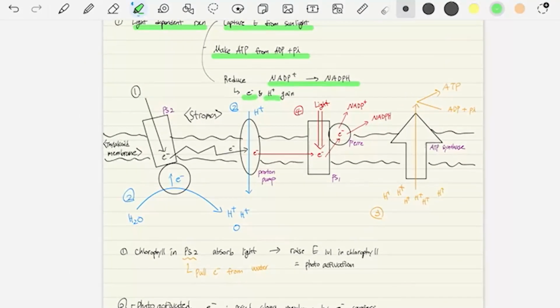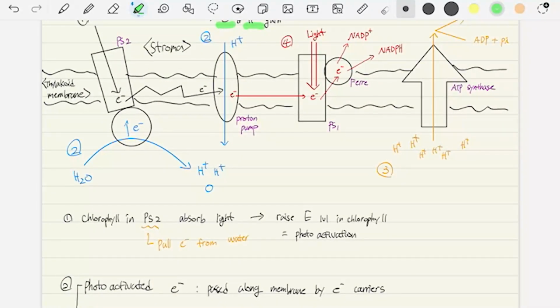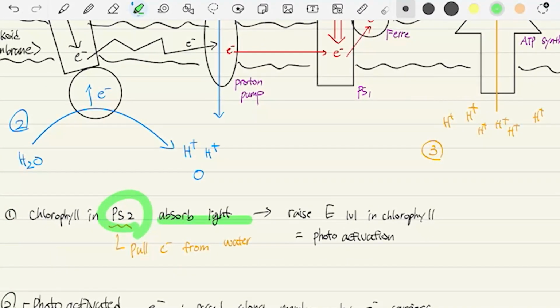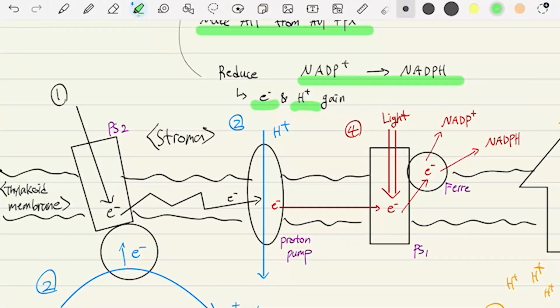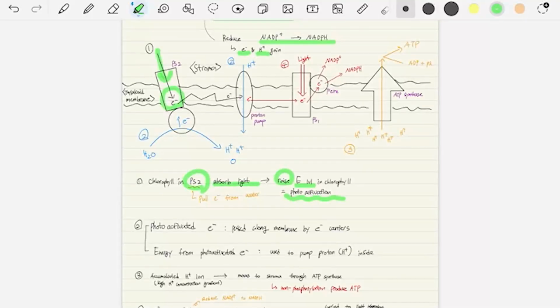The first step of the light-dependent reaction is chlorophyll and photosystem 2 absorbing the light, and this absorption of light causes the energy level in chlorophyll to go up, which is called photoactivation. If you look at the picture, the light comes in and photoactivates photosystem 2.